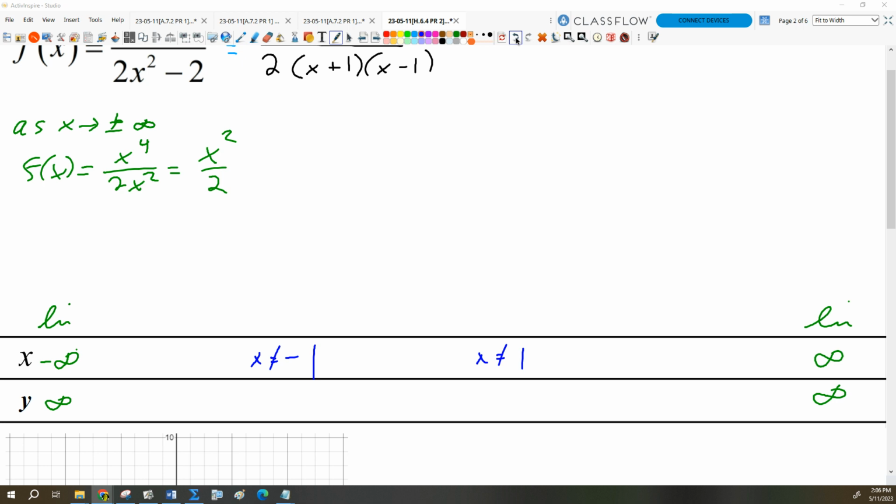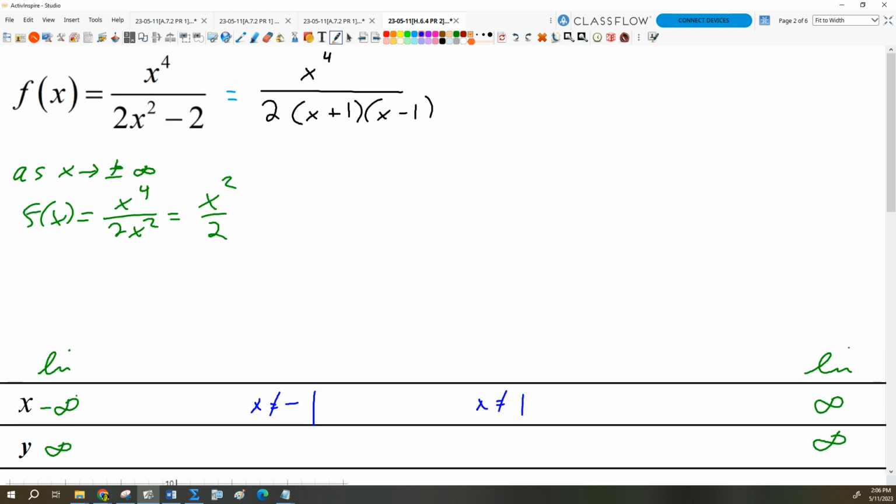So give me thumbs here. Thumbs up for yes, thumbs down for no. Are those vertical asymptotes? Okay, how do we know? Griff, how do we know if they're vertical asymptotes?